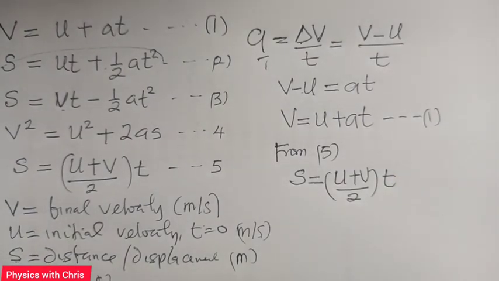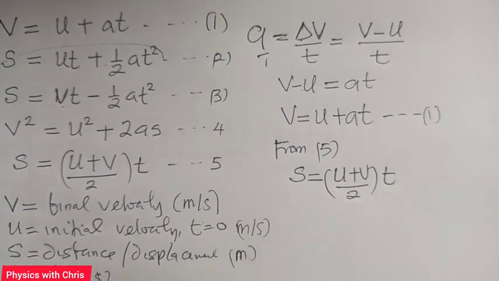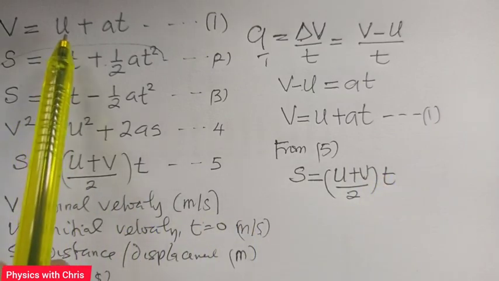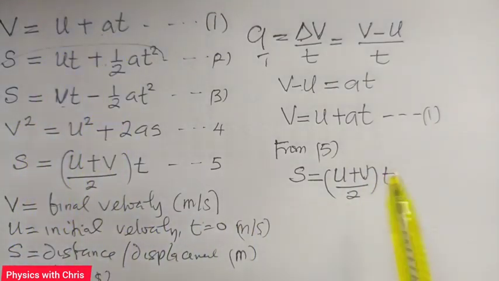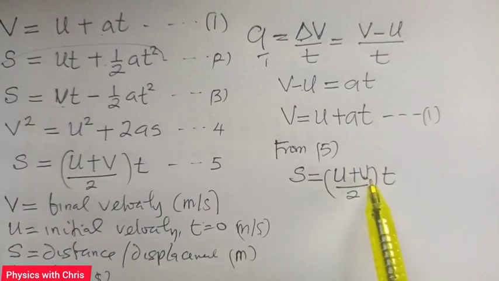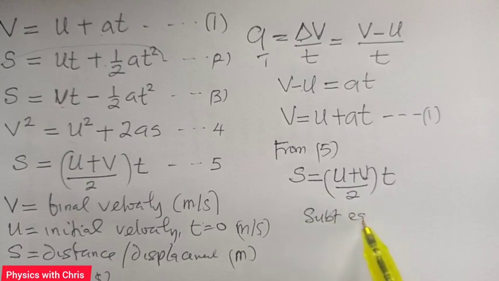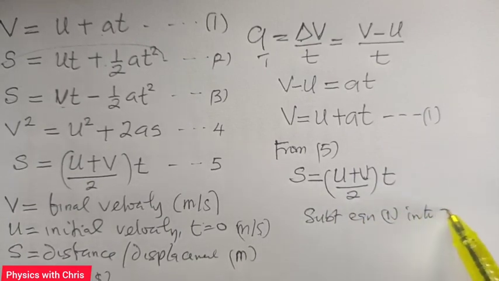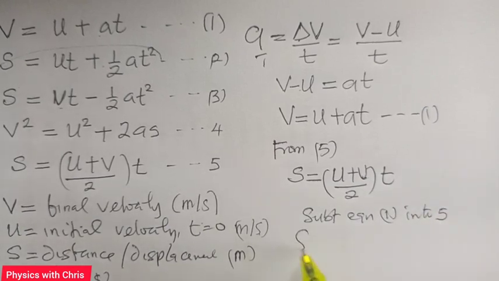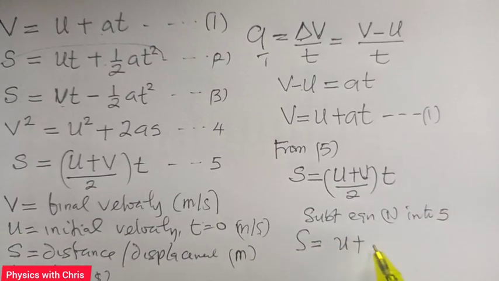The next thing we do here is to substitute for v, that is, substitute v equals u plus at. So I'm going to substitute equation 1 in 5. So s equals, what's my v?